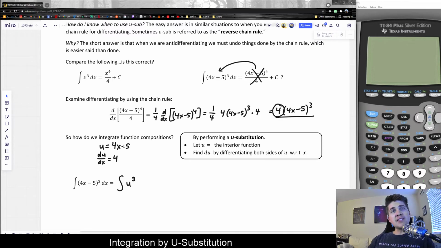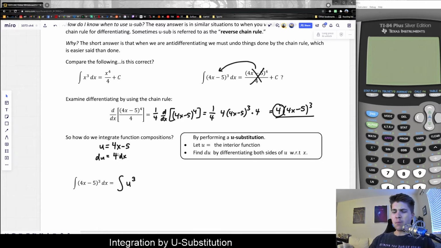And usually, instead of writing it like this, remember a few weeks ago, or maybe about a month ago, when we talked about differentials, technically I can multiply across both sides by dx, and that's usually what I would do instead. Instead of writing du dx, which means the same thing, I would just write du is equal to 4 dx, differentiating with respect to x and leaving the dx on the other side.